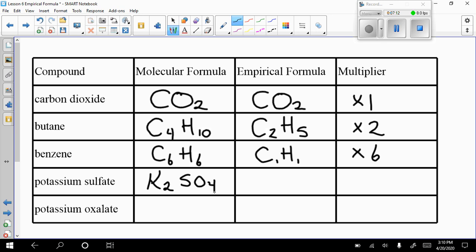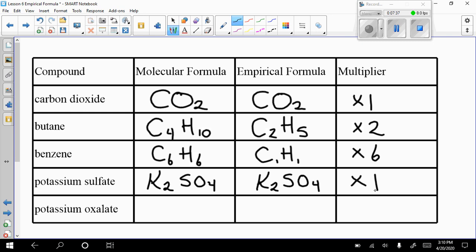What is the smallest whole number ratio there? Well, the smallest number that goes evenly into 2, 1, because there's a 1 with sulfur, and 4 is just the 1. So again, its empirical formula is the same as its molecular formula. It's just K2SO4, and so its multiplier is 1.